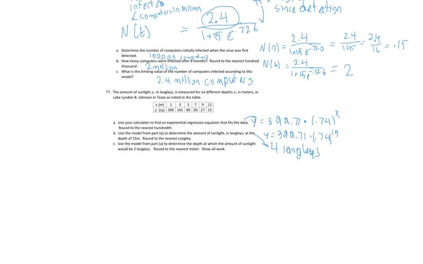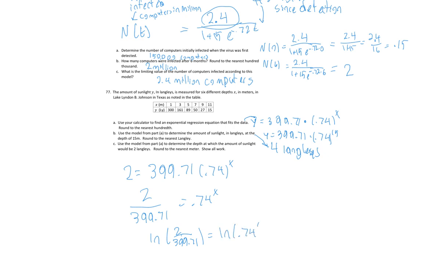And finally, determine the depth at which the amount of sunlight would be 2. So I'm going to say 2 is going to be my y. So it's going to be 399.71 times 0.74 to the x. I'll divide by the 399.71, so 2 over 399.71 equals 0.74 to the x. To get the x out of the power, I'm going to take a natural log of both sides and bring the x down.